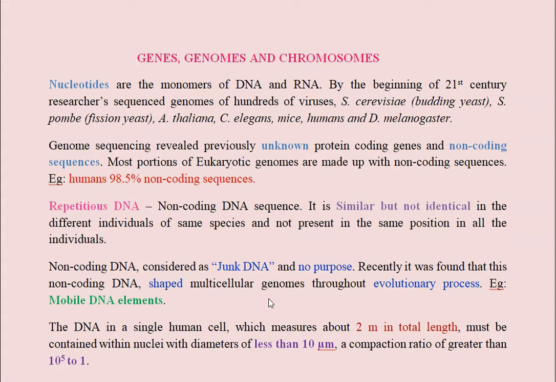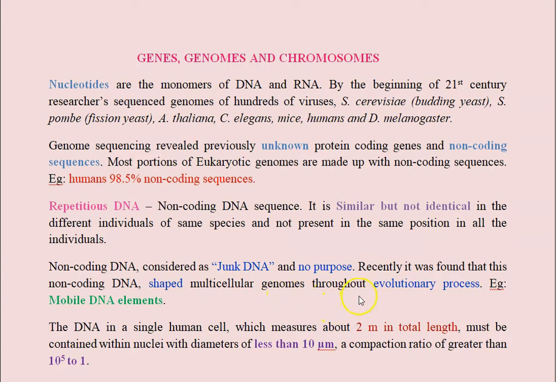Flanking regions means both sides, the 5 prime side and 3 prime side of the genes. So these flanking sequences contain the regulatory sequences. These are very important. At one time we thought there was no use for that sequence, but if RNA polymerase wants to recognize a gene or bind to a gene, it should bind only to the promoter region.